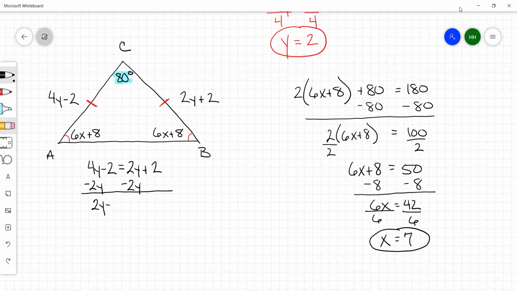So 2y minus 2 equals 2. Add 2 to each side. So your 2y is equal to 4. And then you can divide both sides by 2, and y equals 2.